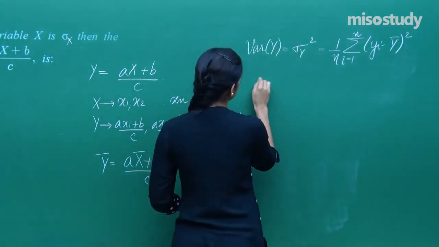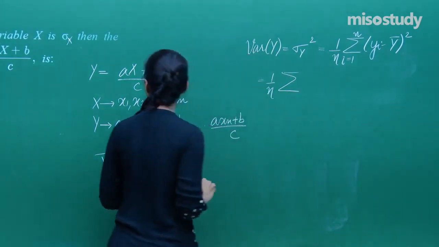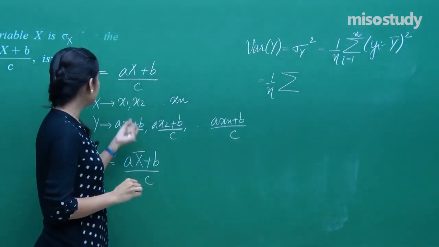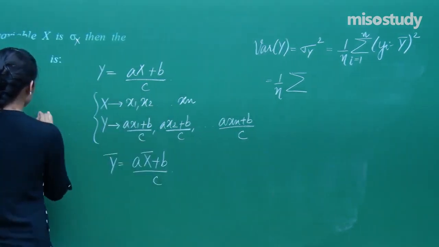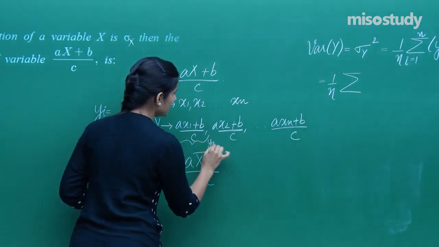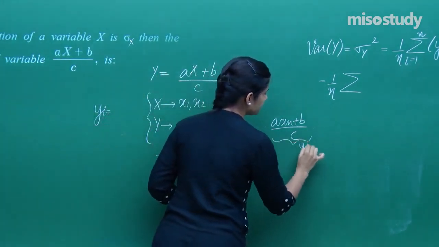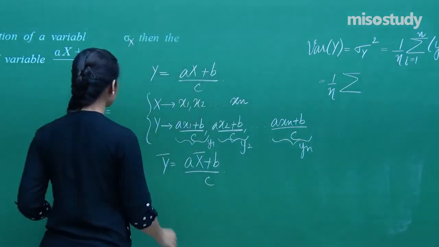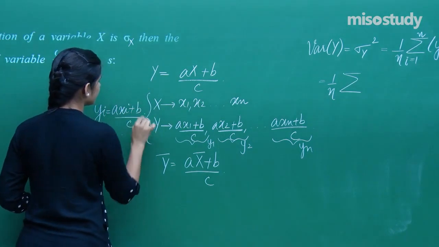Clear? This is equal to 1 by n summation, what is yi? Yi here, see this is y1, this is y2, and so on, this is yn. So yi is what? Axi plus b by c.